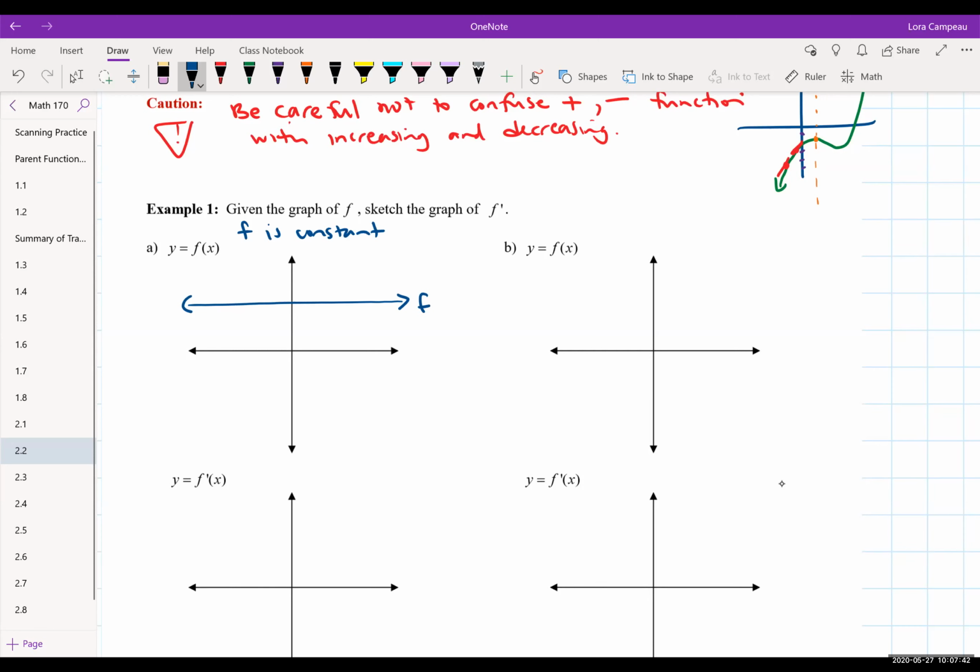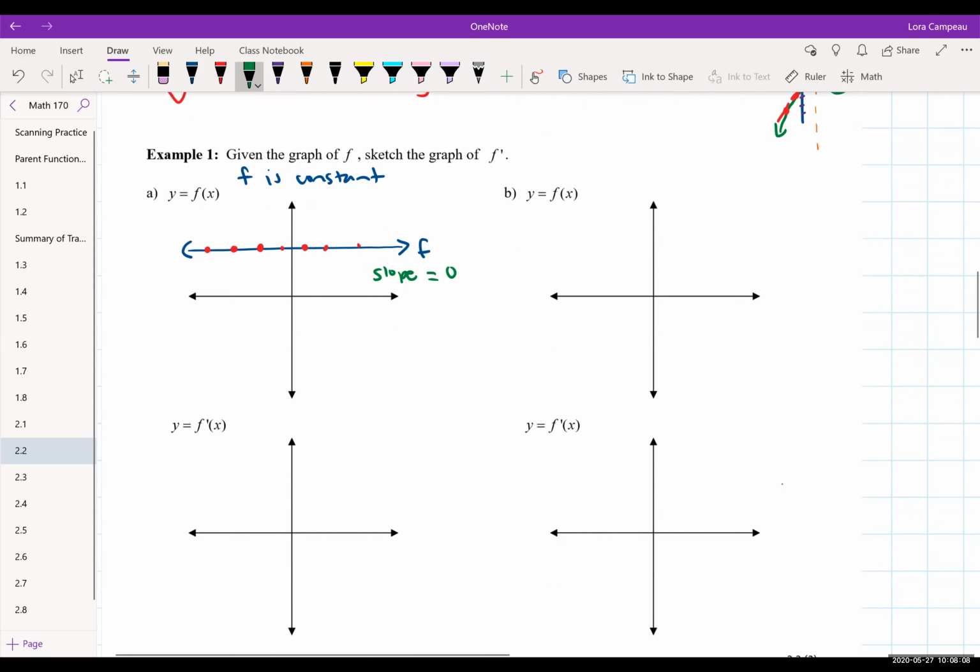Now, when you're looking at a constant function and calculating the slope of the tangent line at certain points, in all cases the slope is equal to 0. So this is a number that's associated with our derivative at every single point.